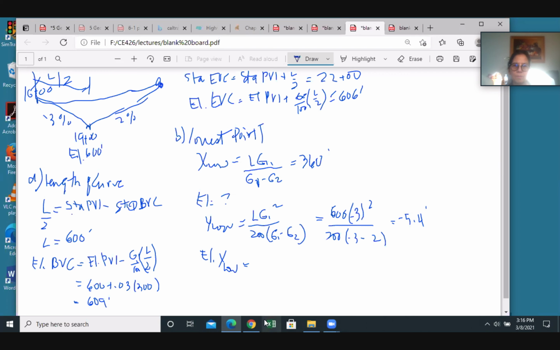So now you can determine the elevation of the lowest point: x low is equal to your elevation of the BVC plus y low. This is positive and this is negative, so you get negative.